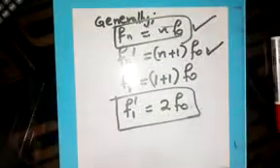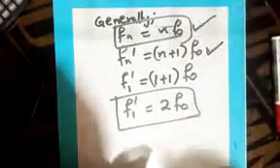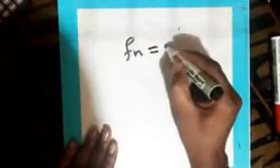Now, after that, I want to conclude something here. Let us recall the general formula, which says Fn is nothing but n F naught for harmonics.